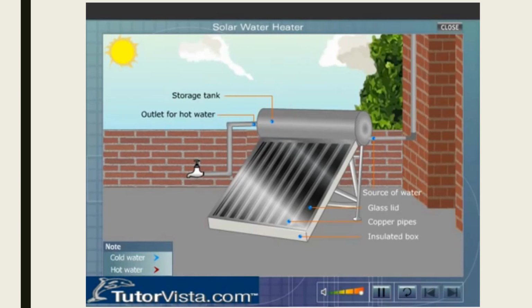The circulation of water continues, and this process by which water gets heated is known as thermosiphon effect. Thus we get hot water by trapping solar energy, which is renewable, non-polluting, and abundantly available.